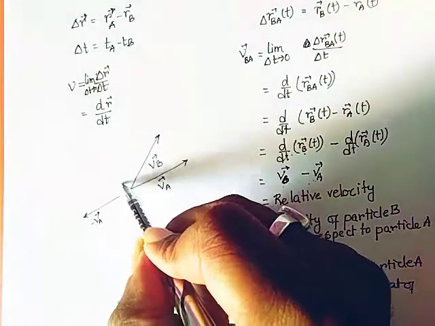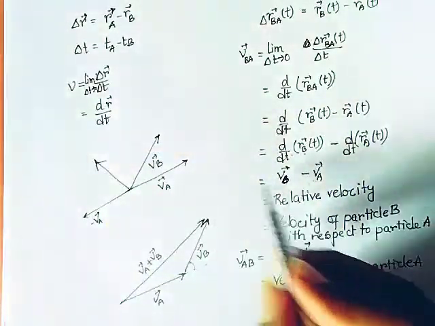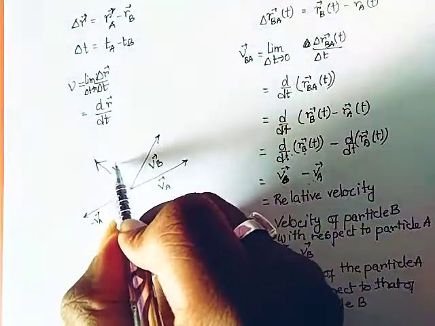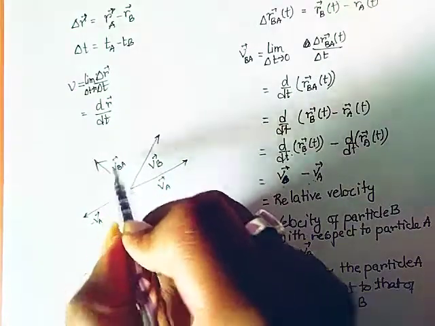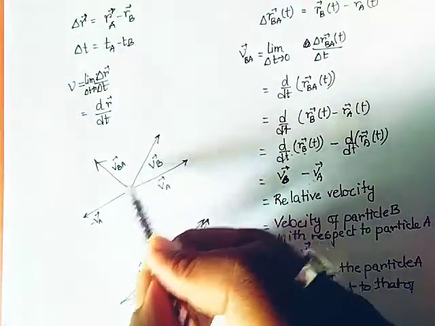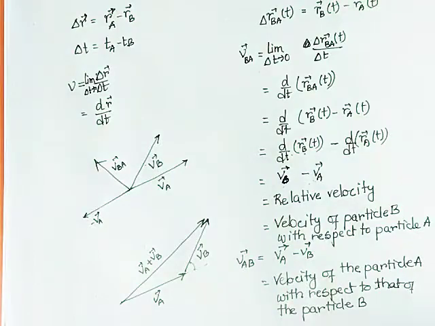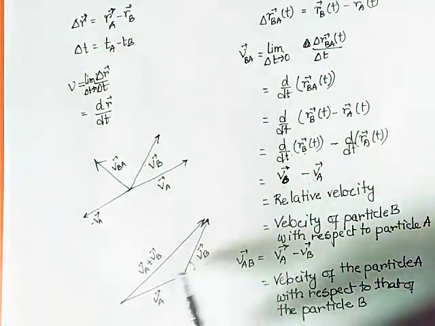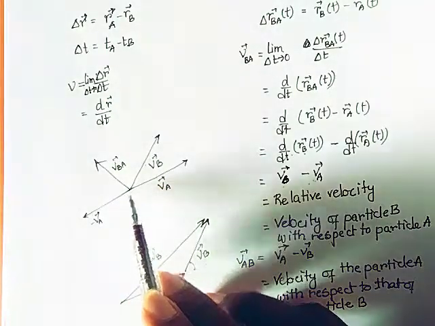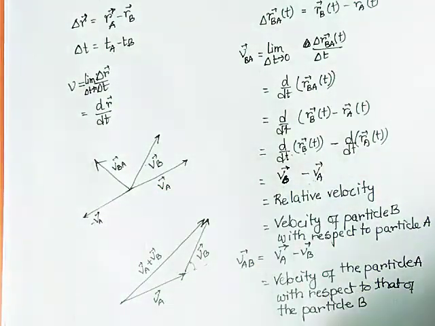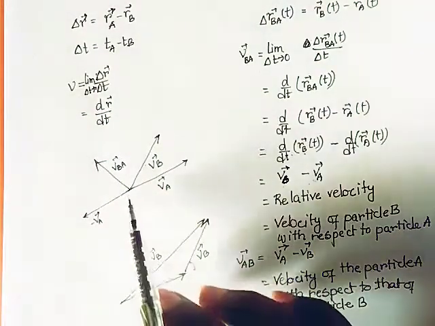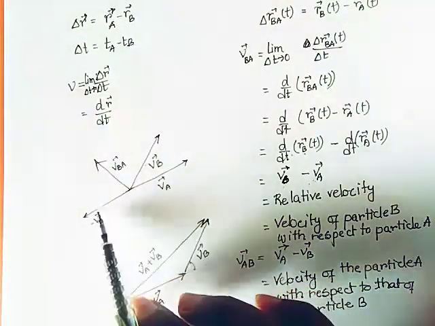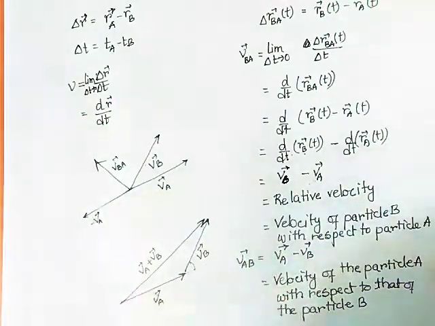So the relative velocity, that is VBA, will be in that direction. So it is the resultant of VB and minus VA. It is not the resultant of VA plus VB. It is a different thing. That's why, with respect to which I have to measure the velocity, I have to flip it so that VA becomes minus VA, and then we take the resultant.